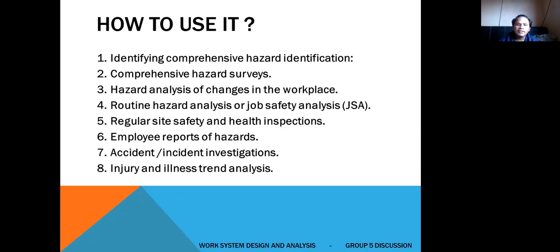How to use it? First, we need comprehensive hazard identification. So for example, we have a problem where this process can cause burn injuries to the skin, because maybe this process includes fire.